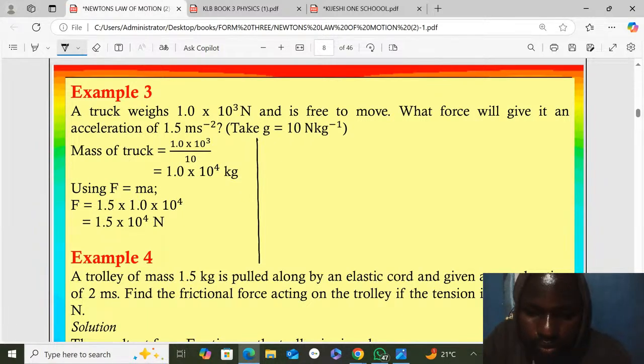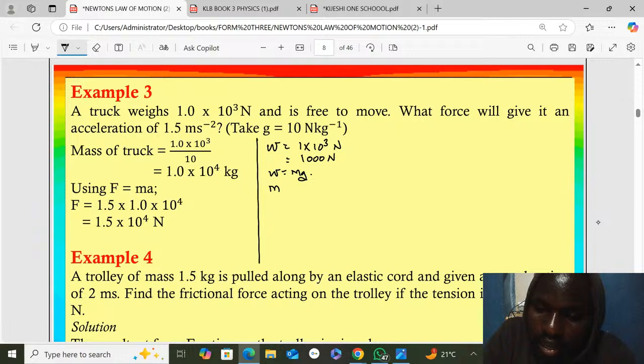We'll solve this one. So in this case, we're given that weight is 1 times 10 raised to power 3 newtons. This is equivalent to 1000 newtons. So we know that weight is given by mg. So our m is the same as weight over g.